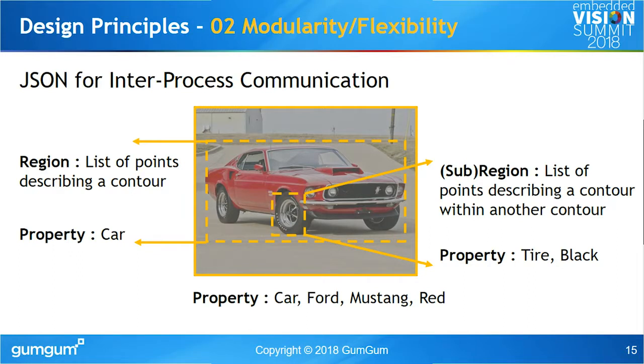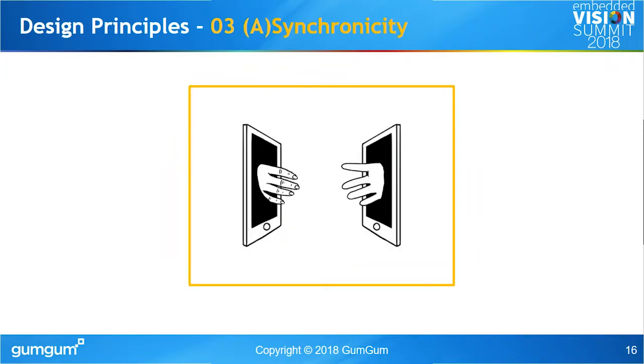This function is performed by the API. I'm by no means the best person to talk about API design, but I want to discuss the features associated with the API that are really beneficial to computer vision solutions.